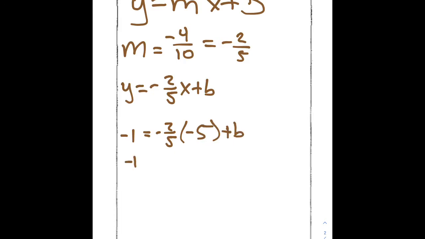And then I'll go ahead and just solve for what the y-intercept is. So on the right-hand side, simplifying that out, those -5s will cancel. So it's 2 plus b. If I subtract 2 from each side, the y-intercept is -3. So the equation of the line is y equals -2/5 x minus 3.